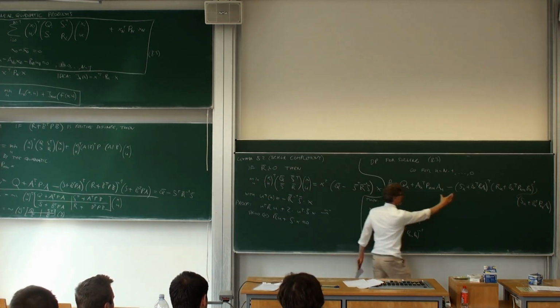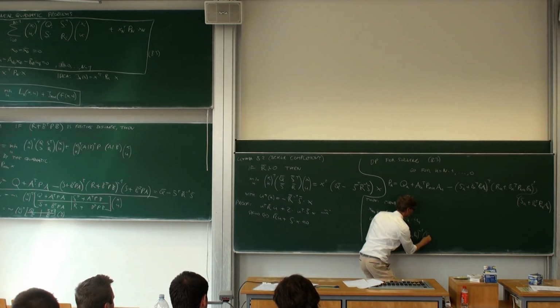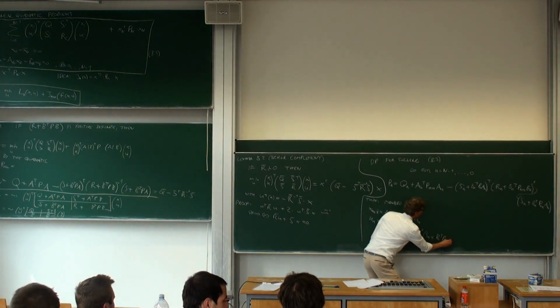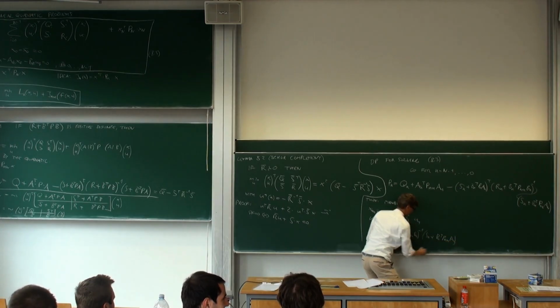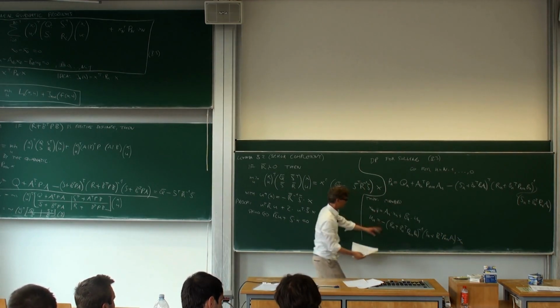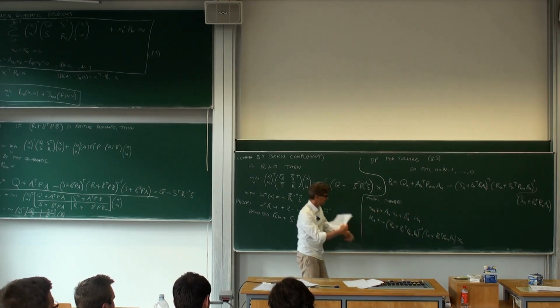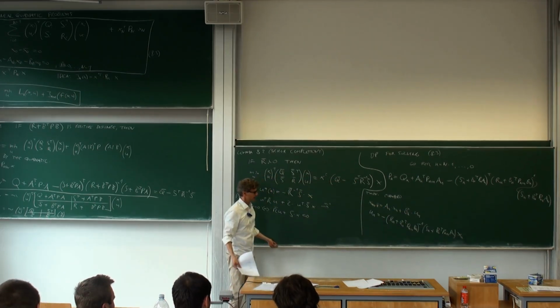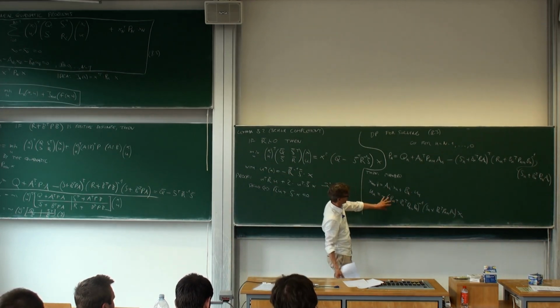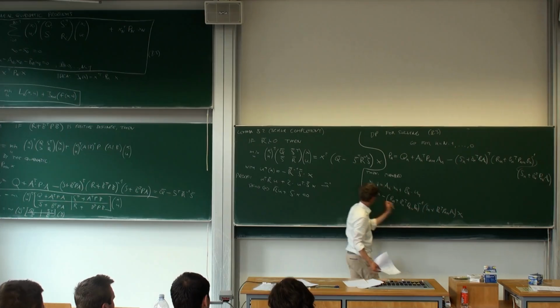S bar was this thing, so I can here have S_k plus B_k transpose P_{k+1} A_k, okay, times x_k. Of course, I could also plug this into that system here, and then you get a linear time varying system, by the way. But yeah, it's a linear map from x that gives you a u.